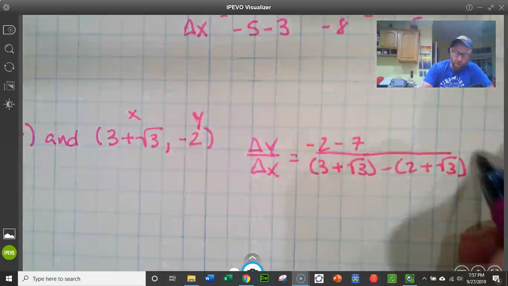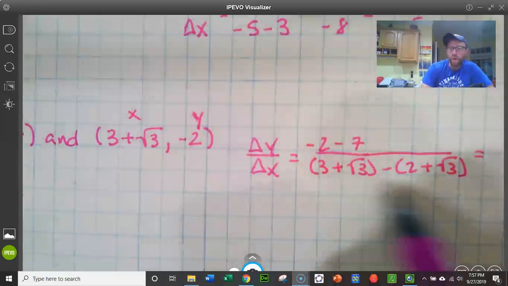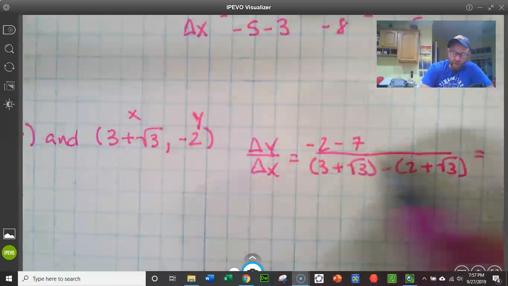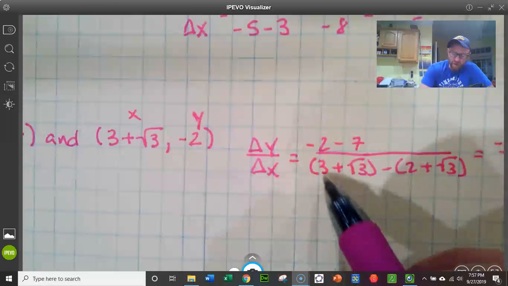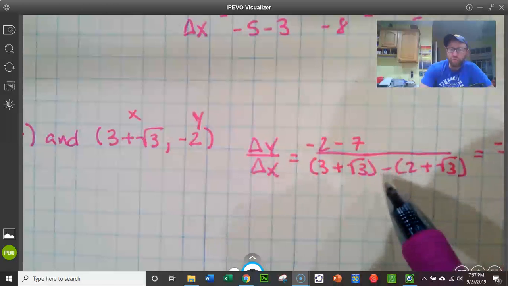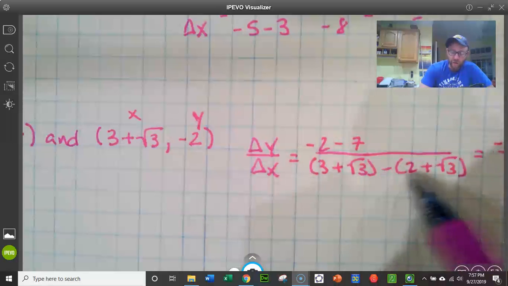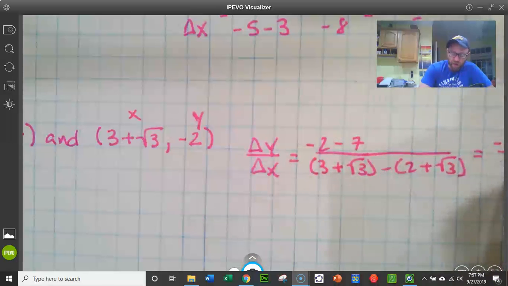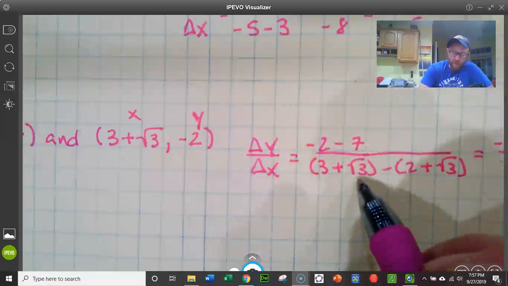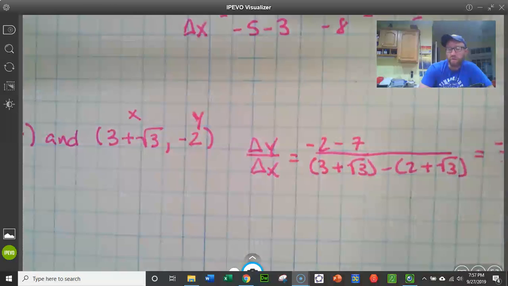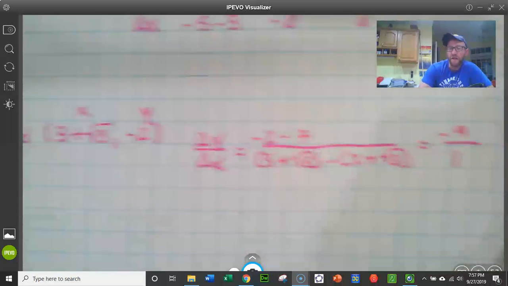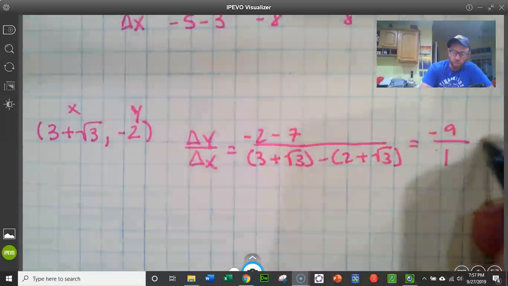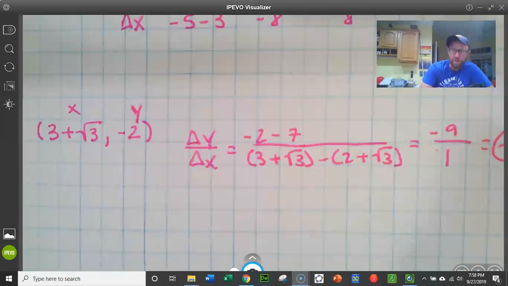Alright, so our one x coordinate minus the other. So a little combining like terms. Negative 2 minus 7 is negative 9. And notice that when I'm subtracting here, I could subtract 3 minus 2, and that's 1. And then square root of 3 minus square root of 3, well, they cancel each other out. I have a positive version and a negative version, so I get negative 9 over 1, which is really just negative 9.